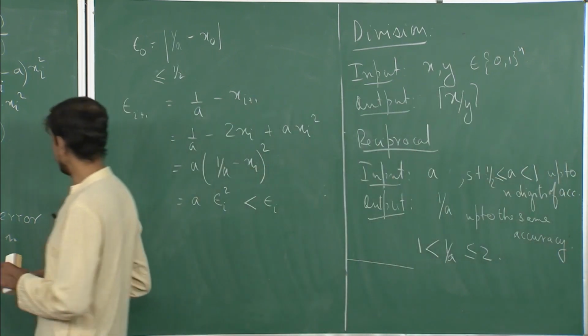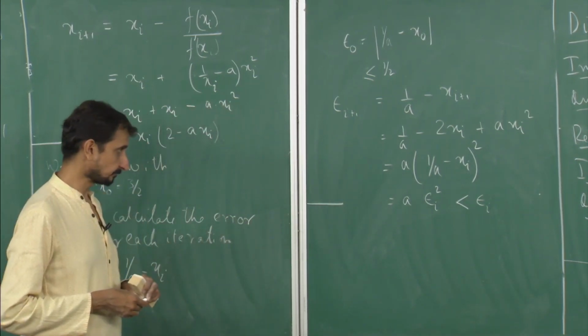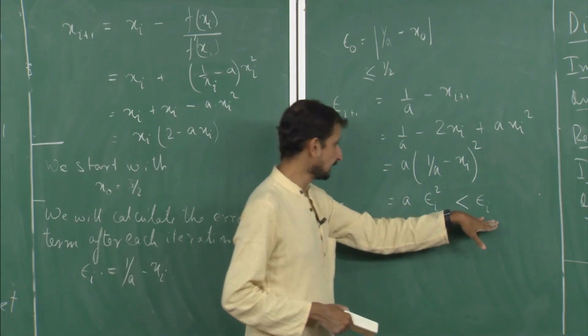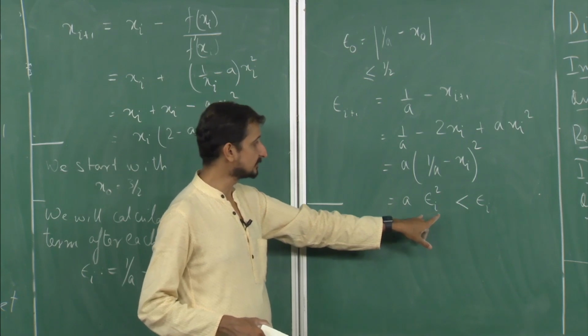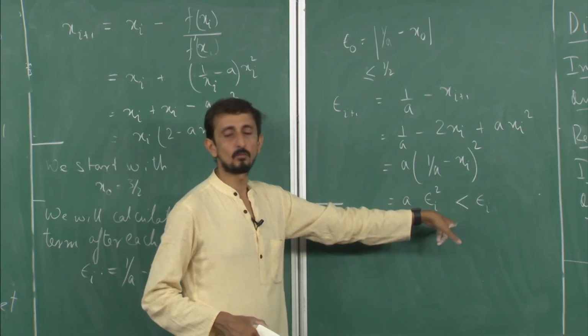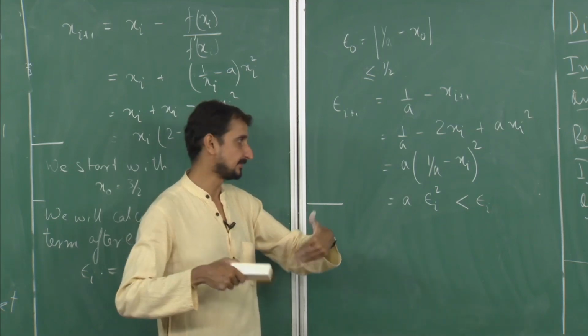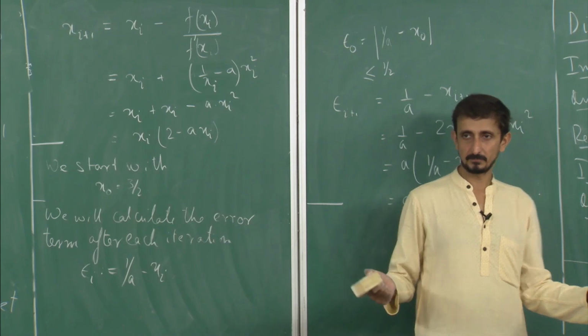And not just that it is less than ei, essentially the error actually reduces in a quadratic fashion. So at each level the number of precision digits in 1 over a actually doubles.